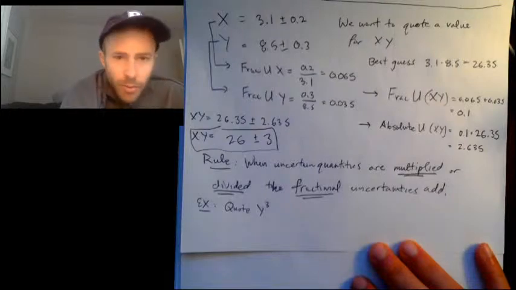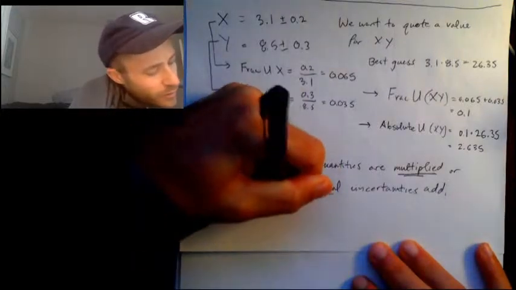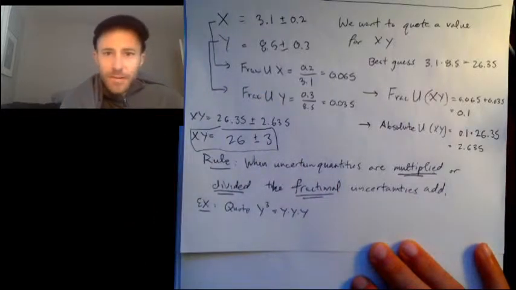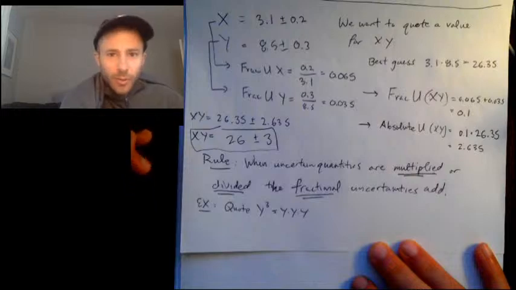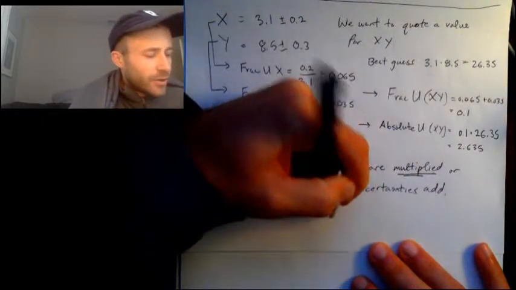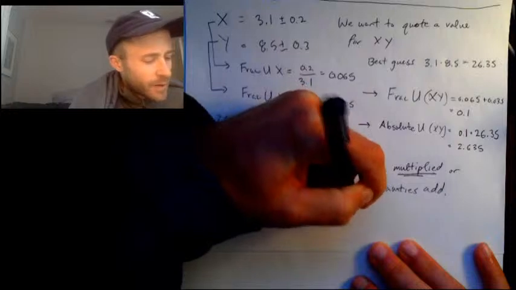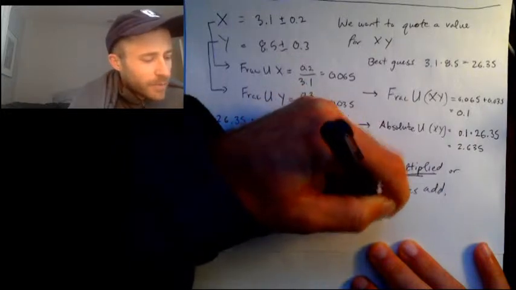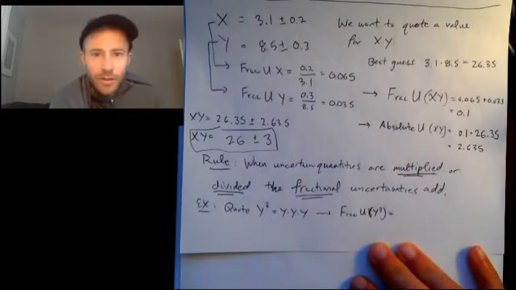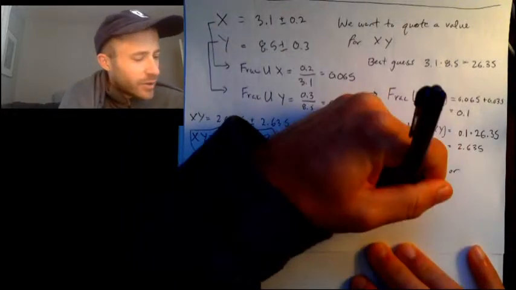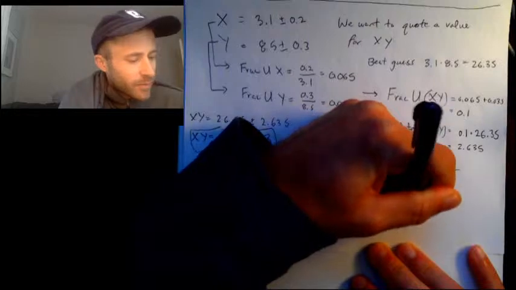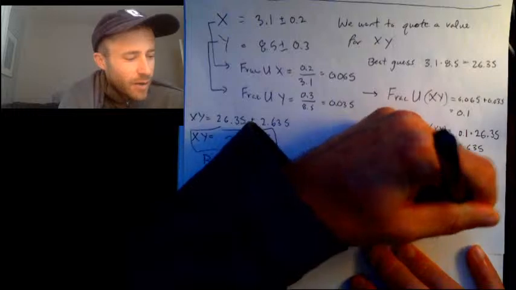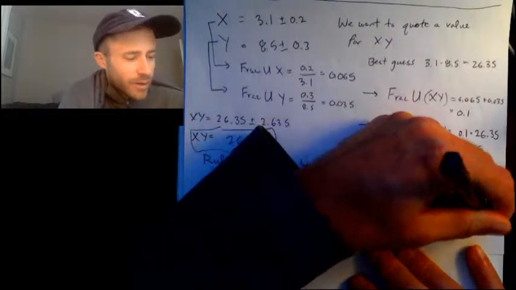But we can think about y cubed as y times y times y. So the fractional uncertainty in y cubed is going to be the fractional uncertainty in y plus the fractional uncertainty in y plus the fractional uncertainty in y.